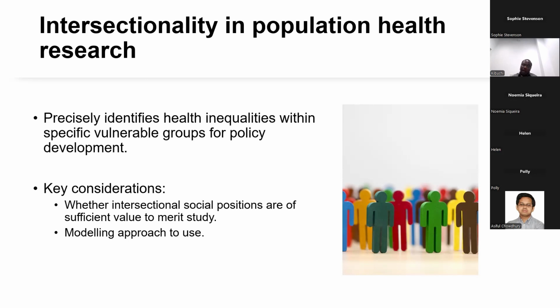Then you look back to the literature and see that the literature also covers these aspects which the community says are driving the health inequalities. And then the next thing is the modeling approach to use. This is the key thing, because some of the modeling approaches which are there have limitations on how much you can use them to evaluate whether certain factors are driving health inequalities or not.